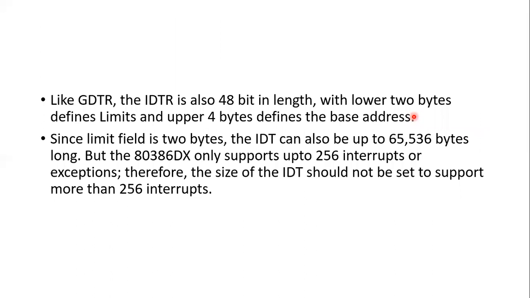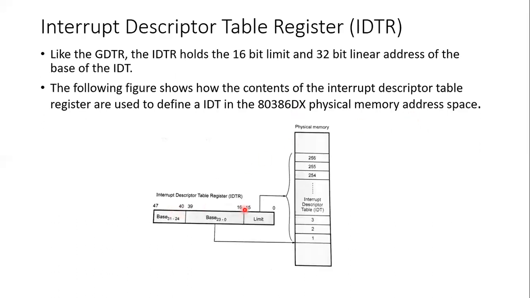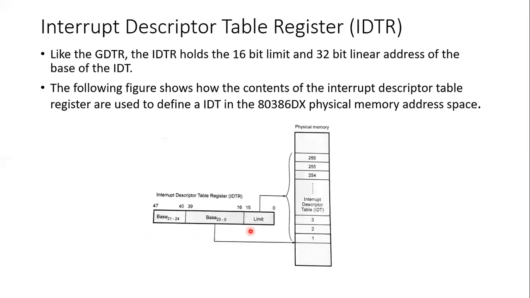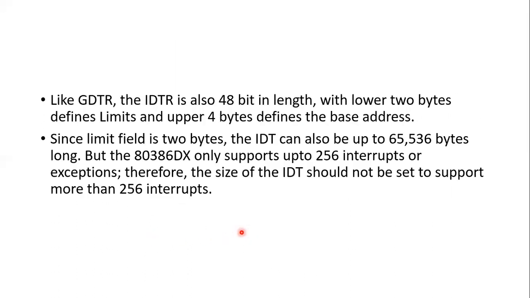Like the GDTR, the IDTR is also 48 bits in length, 0 to 47, with the lower 2 bytes defining the limit and the upper 4 bytes defining the base address. See, limit and base address.